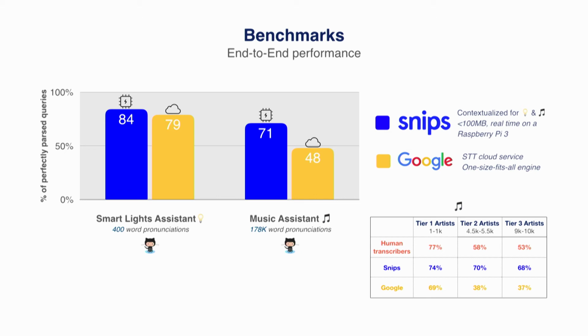And here what we found is that through our training, we managed to get essentially the same accuracy across all the tiers, or something close that was not degrading too much, while both for human transcribers and for Google, the accuracy is decaying very fast with the ranking of popularity of the artists.